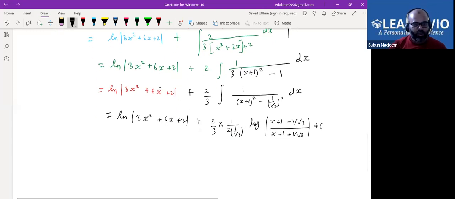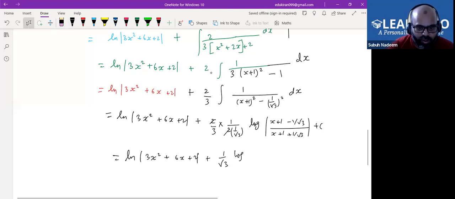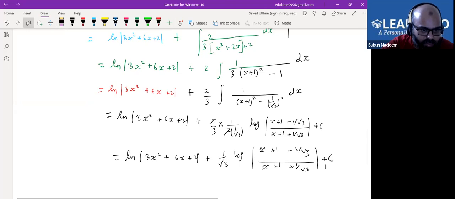So we get log of mod of 3x square plus 6x plus 2. And here 2 will cancel and 3 by root 3 is root 3, so 1 by root 3. I think you are right. Plus log of (x plus 1 minus 1 by root 3) by (x plus 1 plus 1 by root 3) plus c. This is what you have told, I think.